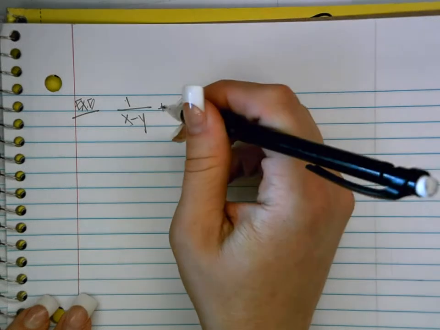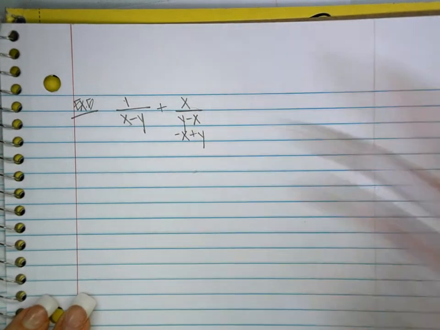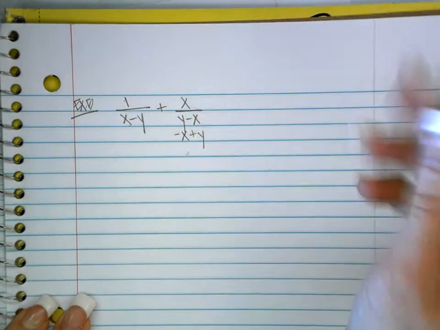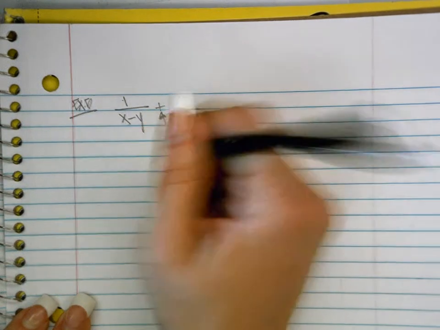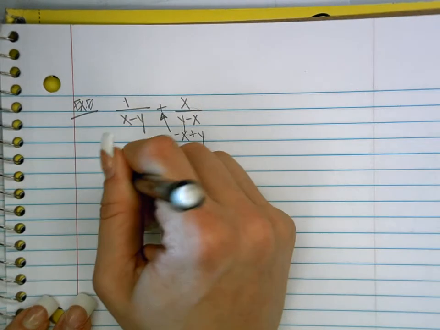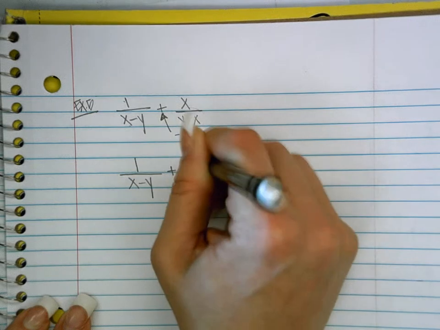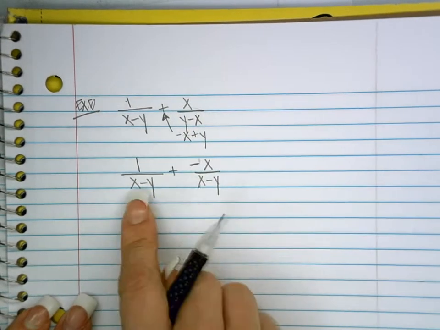If you divide out a negative 1, these would become the same. So all you have to do is put the negative up in the middle. So this would be 1 over x minus y plus negative x over x minus y, and it flips it to be exactly the same.